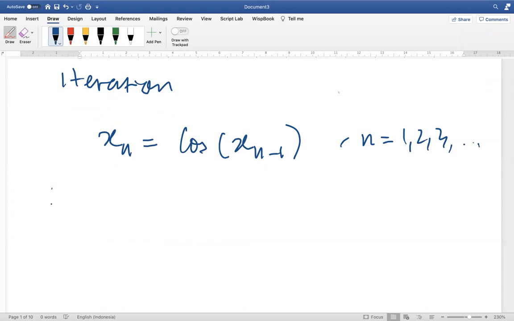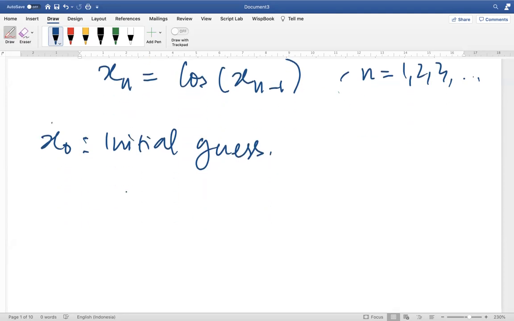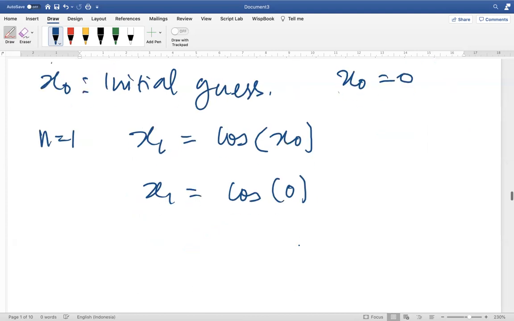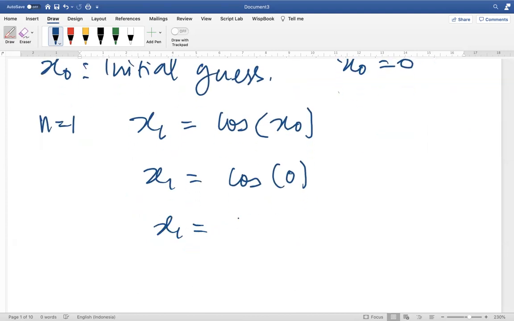Here x_0 is the initial guess. You can start with any initial guess that you want, so that when n equal 1, you will have x_1 equal cos x_0. Let's say your x_0 is 0, then you will have x_1 equal cos 0, and then x_1 equal 1.